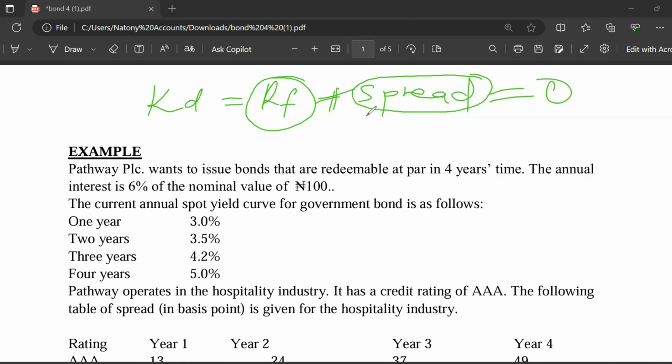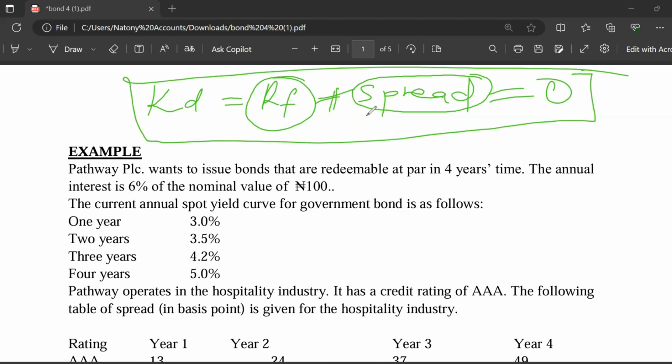And the risk of default is measured by a credit rating agency. The best that a company can have is AAA. Some companies may be on AA, some may be on A, some on BBB, some on BB and B, just like that.